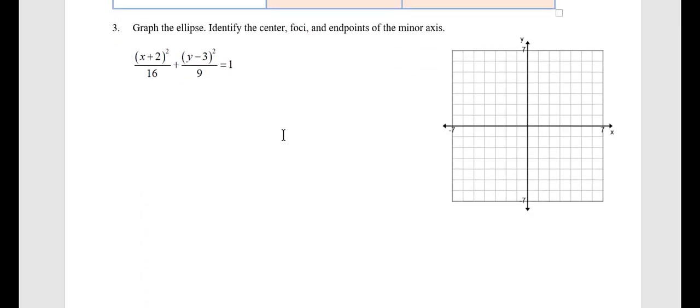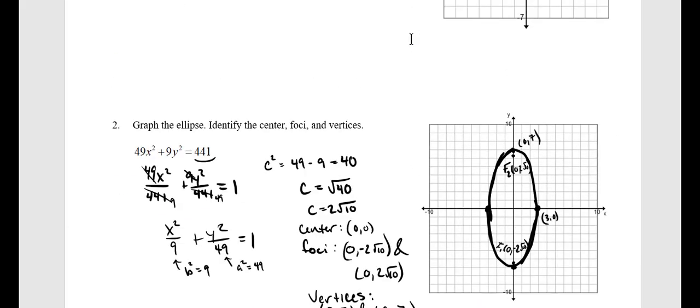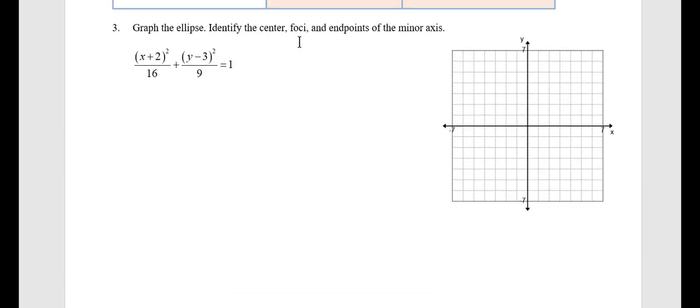So for example here, graph this ellipse, identify the center, foci, and endpoints of the minor axis. Hope I did that right in the previous ones. Yeah, as for vertices, okay. So let's do this. Graph the ellipse, identify the center, foci, and endpoints of the minor axis. Right away, we just want to identify where we've shifted to.